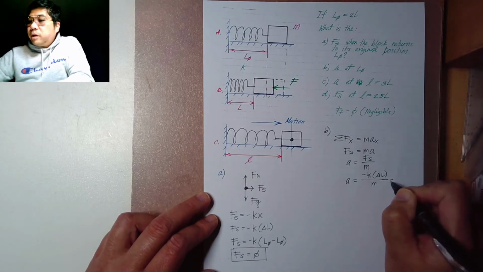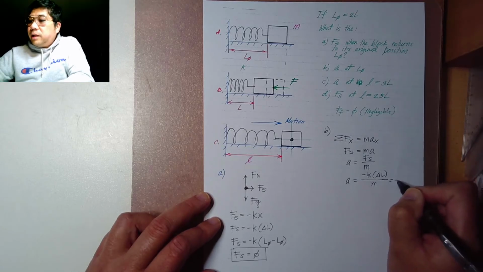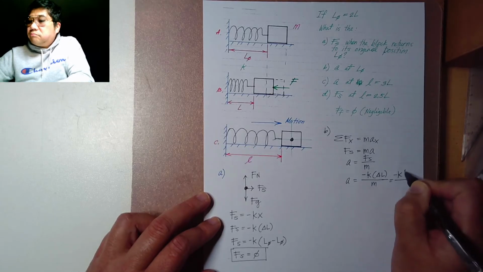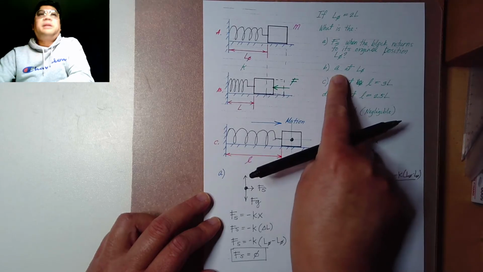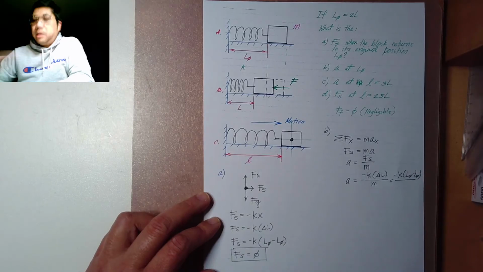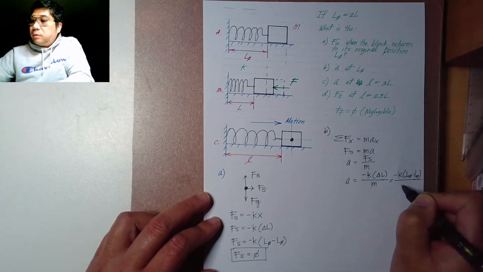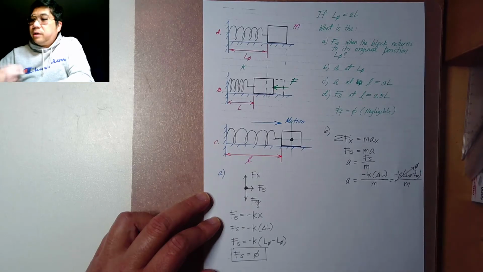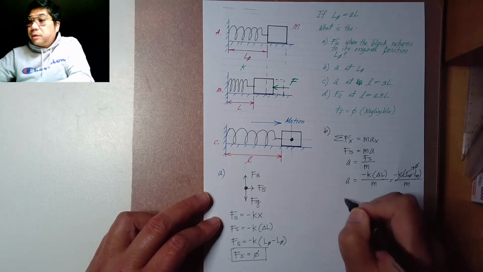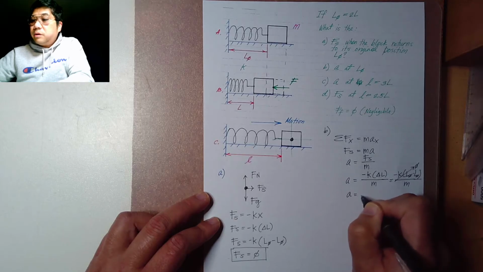Now this time we can plug in the values. So we have negative K, so L naught minus L naught, because that's what it is from letter B. So when it's at the original location, this is 0. So 0 divided by any number is going to give us 0 acceleration.